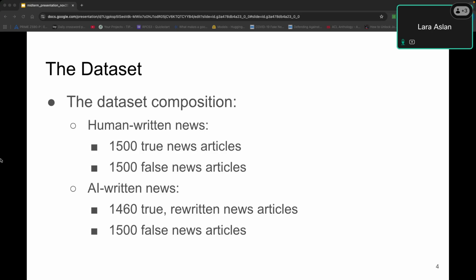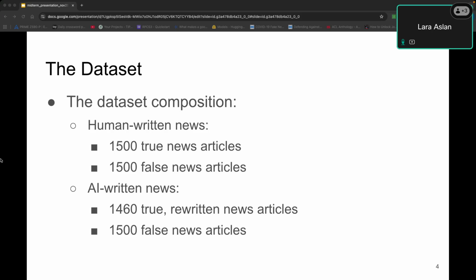The human-written news dataset has 1,500 true news articles and the same amount of false news articles. The AI-written news dataset, on the other hand, had 1,406 true news articles which were rewritten using GPT 3.5 and Llama 3.1 models.